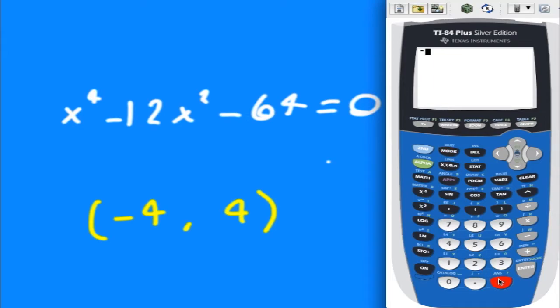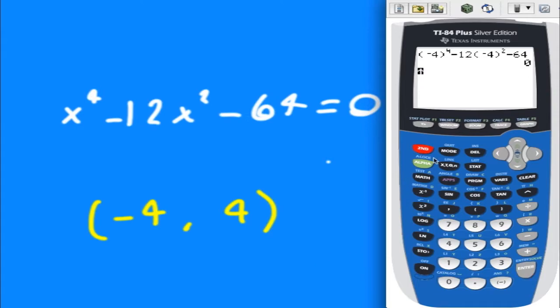So -4 to the fourth power minus 12 times -4 squared minus 64, and it gave you a 0. So you know that -4 is a correct answer.